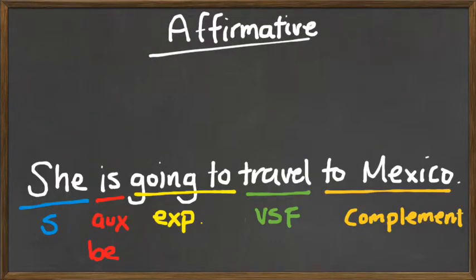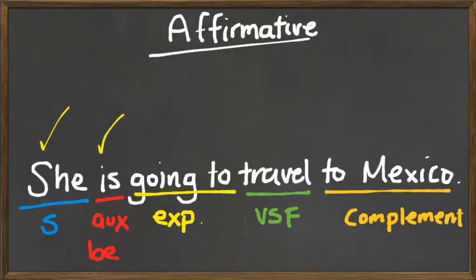Let's begin. The affirmative is very simple, as long as you always use the elements that you need. In the example, she is going to travel to Mexico. We have the elements of our formula. We have she, which is the subject, is the verb to be.